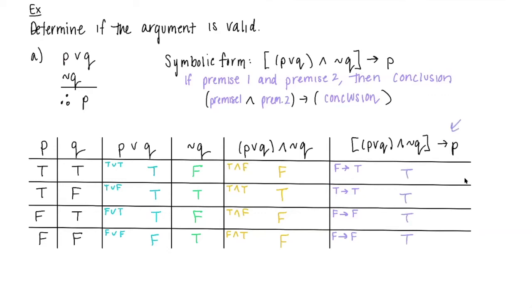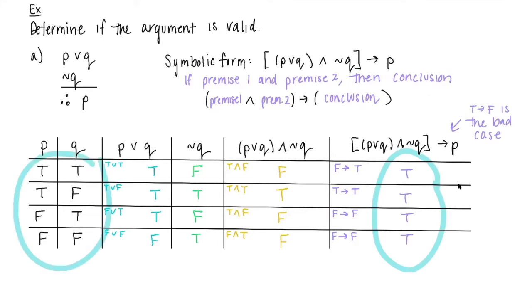Remember, true to false is the bad case. That's where you get an A, but I did not buy you a car. So in the end, no matter the starting values of P and Q, the statement I make for this argument is always true. So this argument is valid.